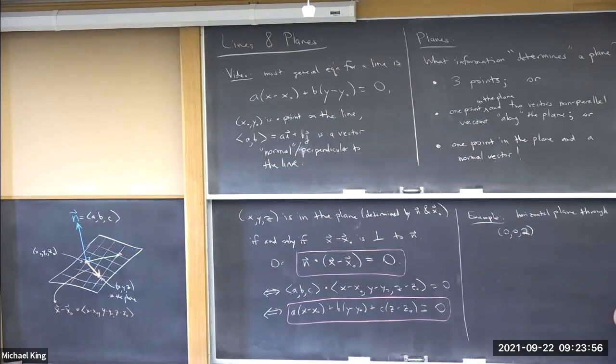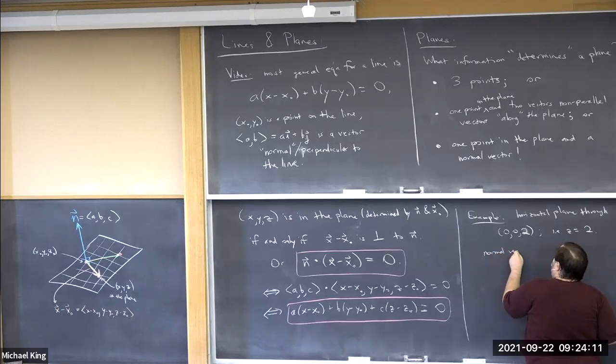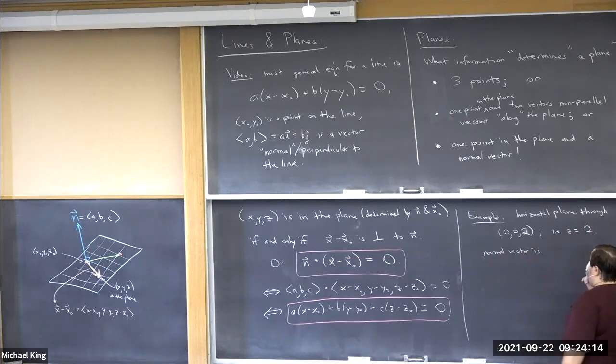Without even thinking about it, what do all the points in that plane satisfy? Z equals 2, right? The normal vector here, what's the normal vector to a horizontal plane? K, or any multiple of K. It could be 7K or negative 3K, but it doesn't really matter. Might as well just pick K. So that's 0, 0, 1.